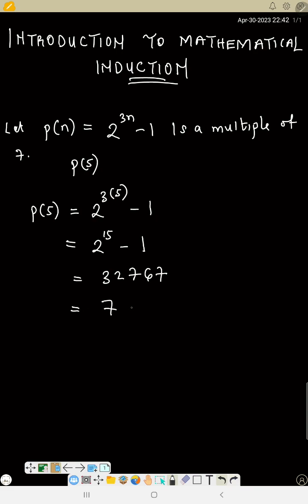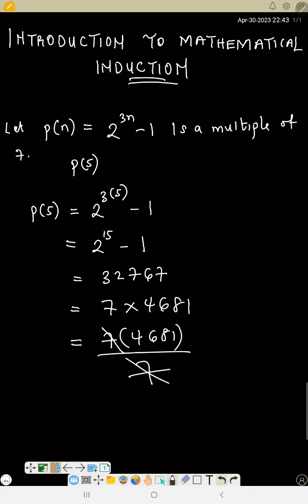So if you divide this by 7, you get 4681. That means 7 times 4681. So this is divisible by 7. So that means the statement is true. So hence P5 is true for these statements.